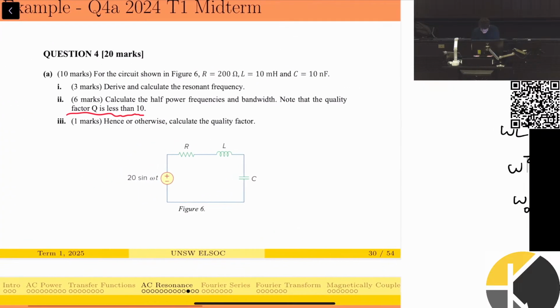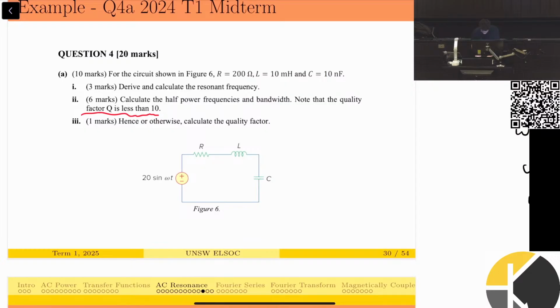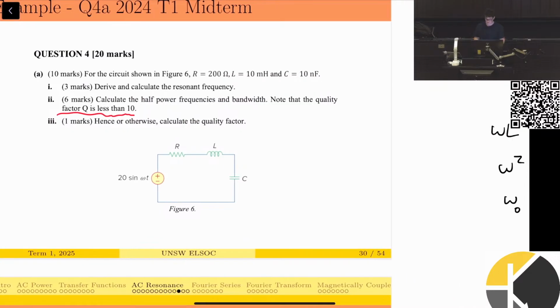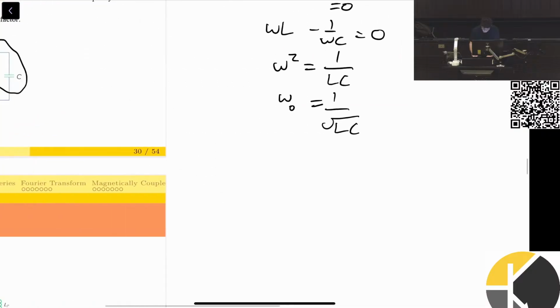To figure out the power max in this case, all we need to do is plug in the resonant frequency and see what the power is, right? There's actually a nice thing here, because at resonance, you know that the imaginary impedance is equal to 0. We only really need to consider the voltage, which doesn't change, and the resistance. So we've got the voltage, we've got the resistance, we can figure out what the power max is.